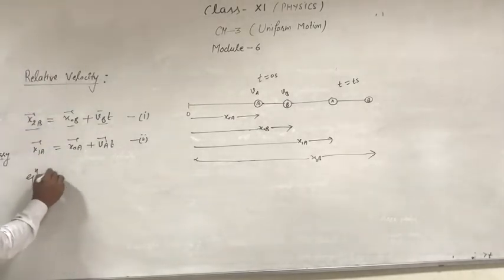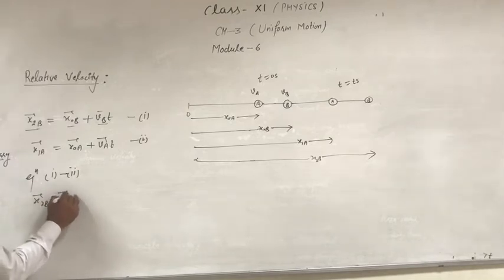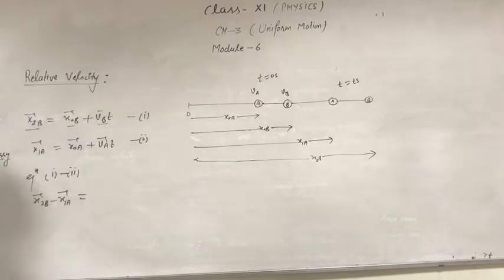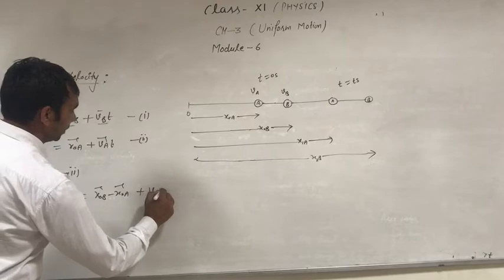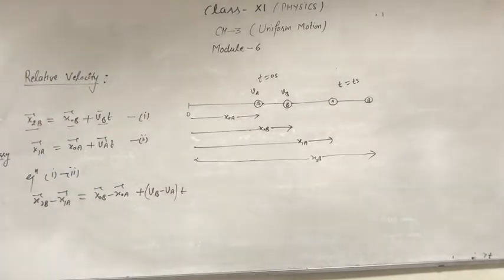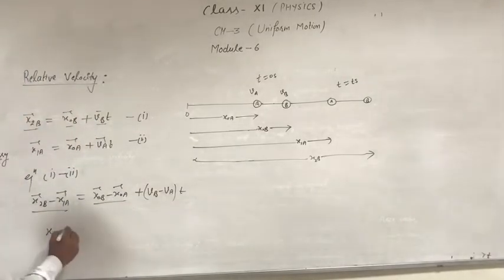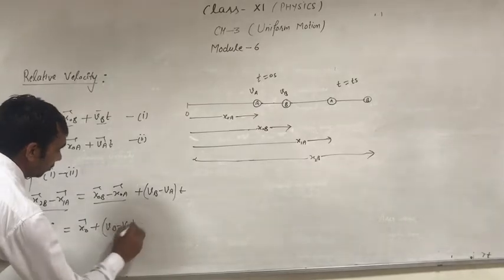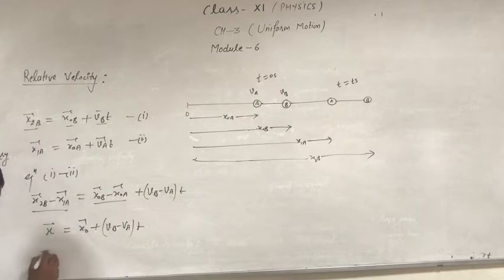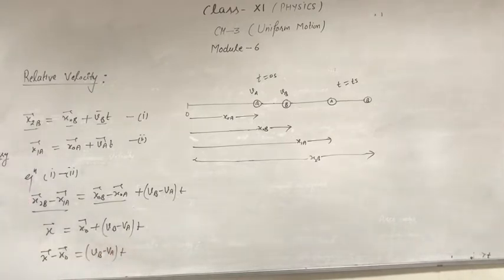Equation first minus second. So x2B minus x1A is equal to x0B minus x0A plus VB minus VA into T. Here x2B minus x1A is x, and x0B minus x0A is x naught, plus VB minus VA into T. Simplifying again, x minus x naught is equal to VB minus VA into T. This is equation third.